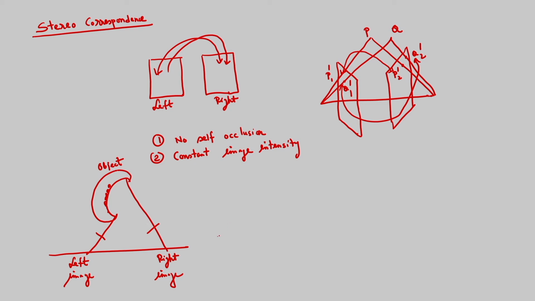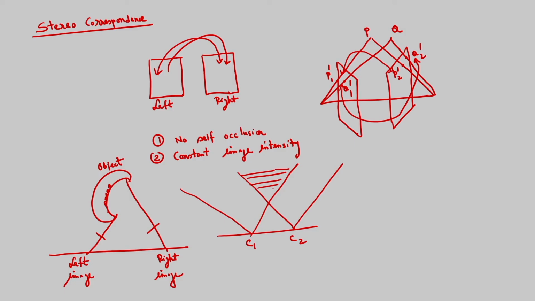So that means I can show in this diagram. So already I have shown. C1 is one camera, suppose, the projection center, another one is C2. If we consider this portion, it is binocularly visible and this portion is monocularly visible.